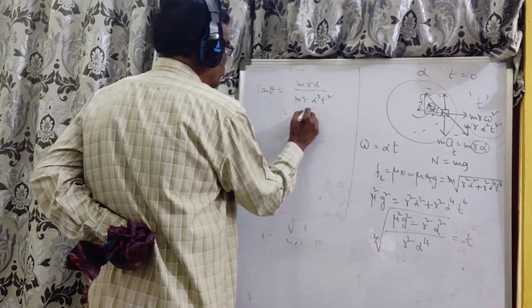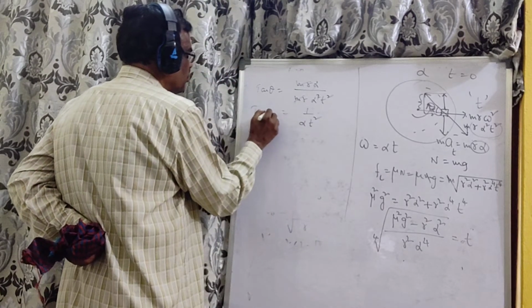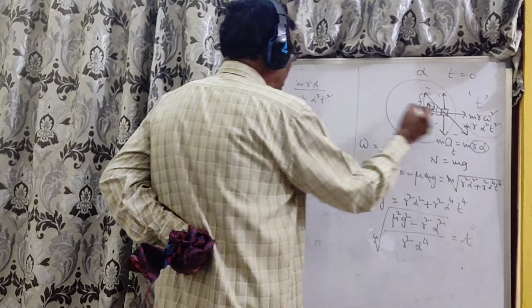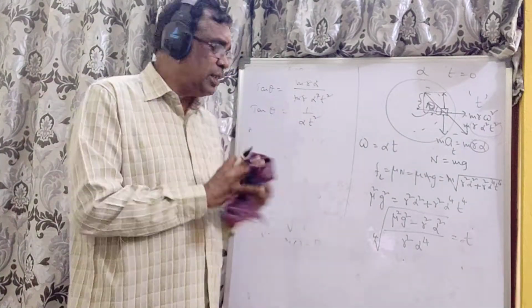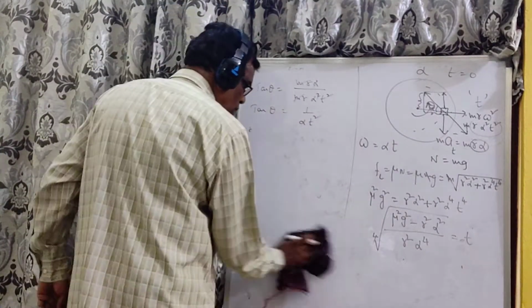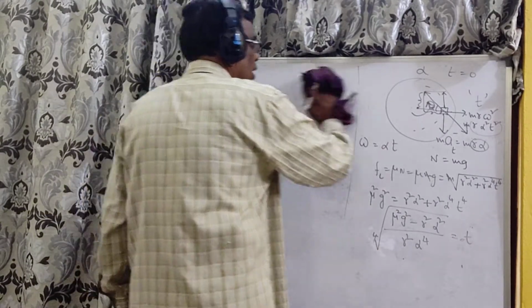So you have 1 by alpha t squared. With the radius, this is the angle the frictional force makes. If at all they ask, that's how you have to give it. Is this clear to you? Right.